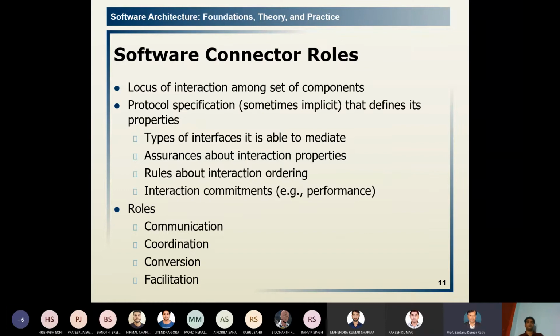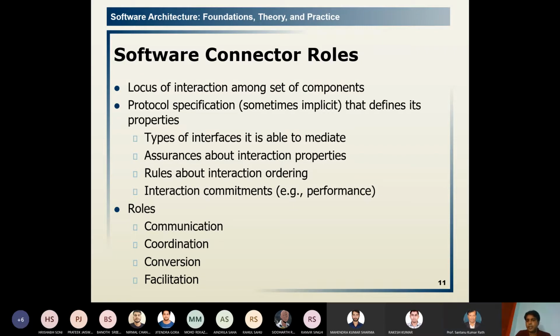Next, the connector role. Port and role we already discussed, and I have given some assignment on port and role. Be prepared, when we get time we will ask for the presentation. Then the locus of interaction among a set of components: the main point of interaction between a group of components with the connector roles. It has a protocol specification, that is an implicit connector, and that defines its properties.